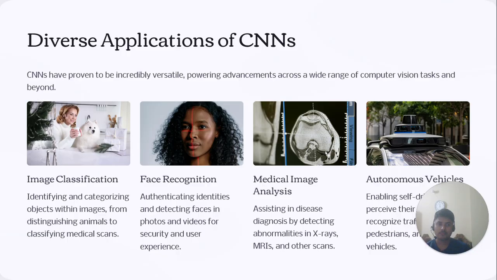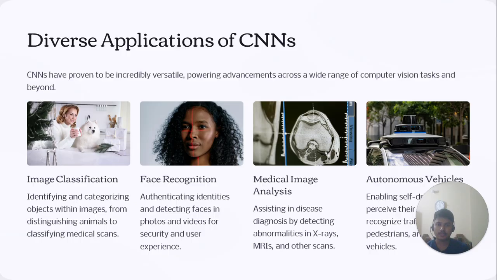CNNs are widely used because the same basic architecture works for many vision-related problems. In image classification, they learn to recognize and categorize objects in photos, from everyday scenes to medical scans. In face recognition, they detect and verify faces in images and videos for security and authentication scenarios.